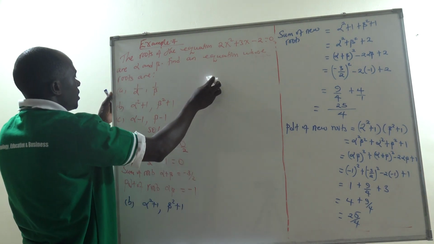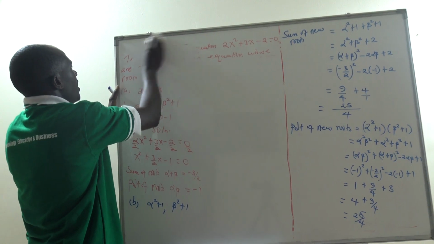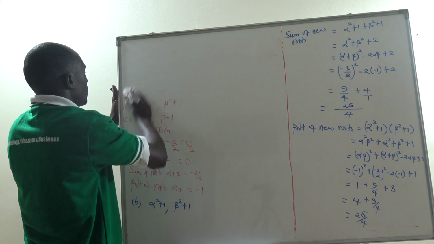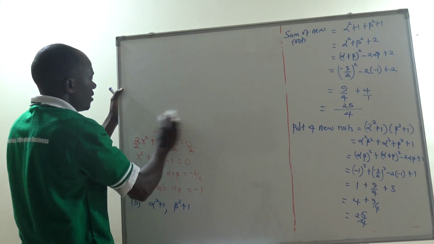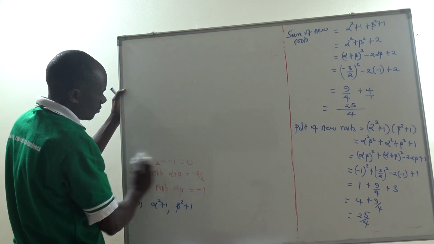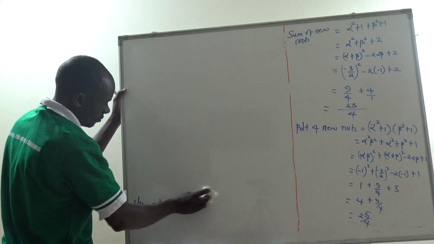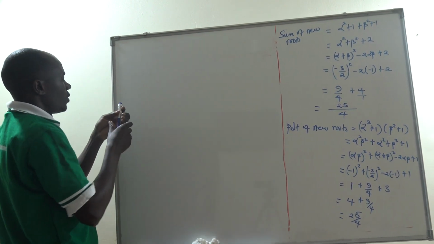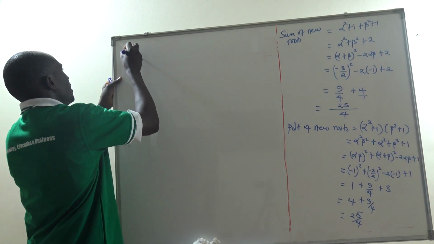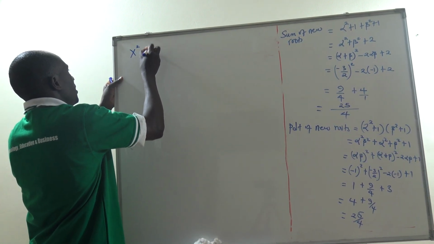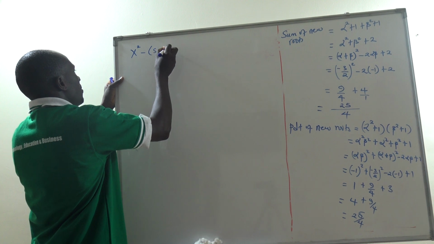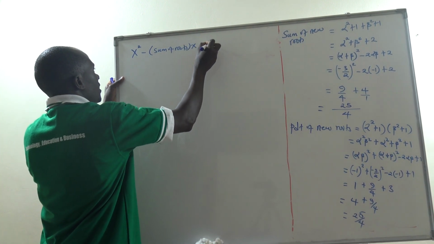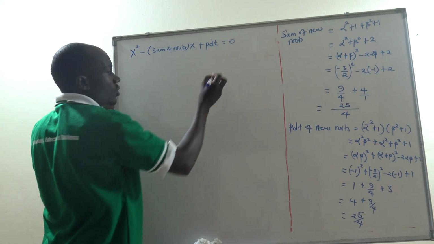Our formula, which we said, our equation is given as x squared minus sum of roots x plus the product equals 0.